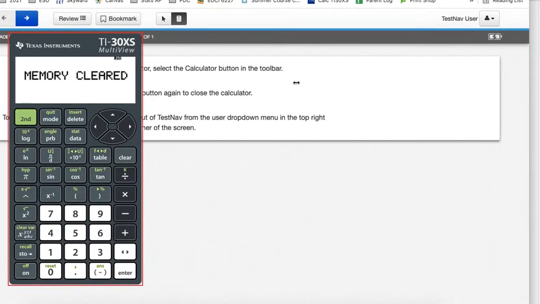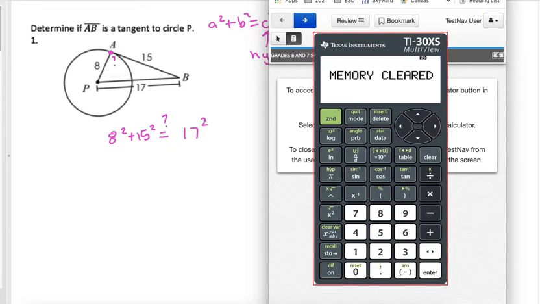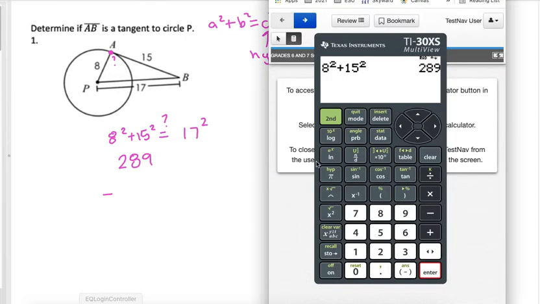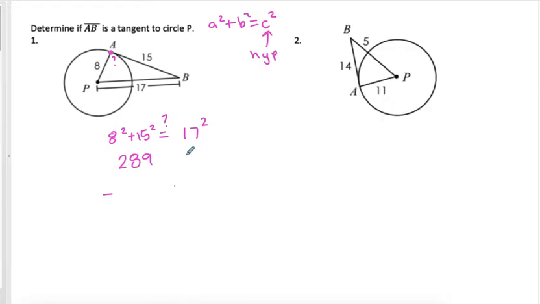What is 8 squared plus 15 squared? I get 289. Then what is 17 squared? Oh, 289. Because these two are equal, this is a true statement. And if I have a true statement, then yes, AB is a tangent.